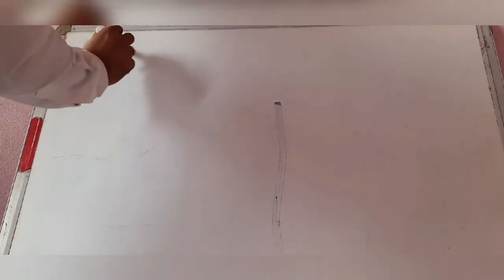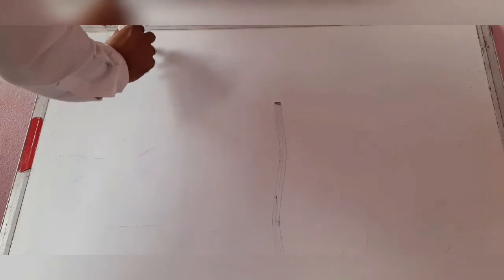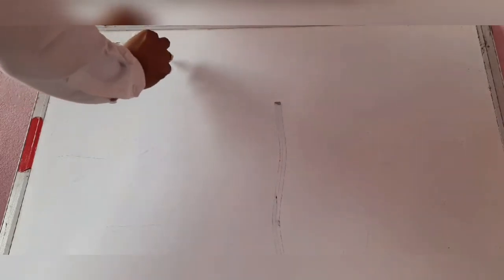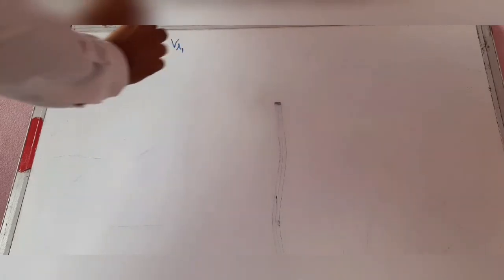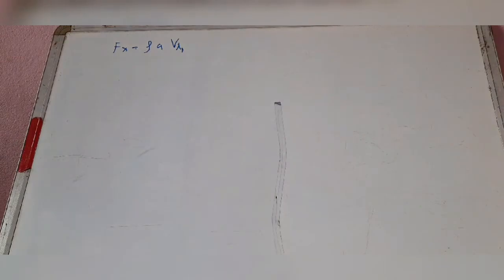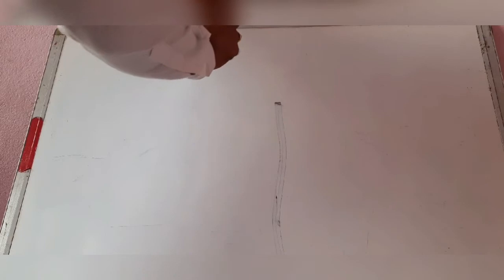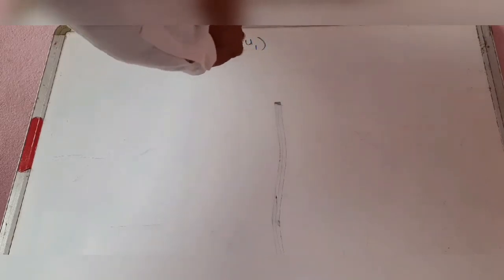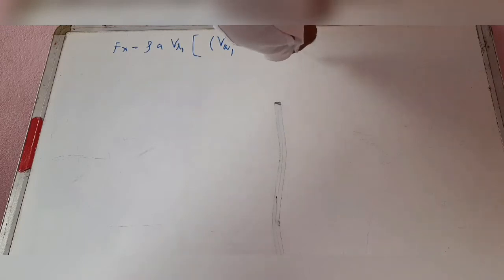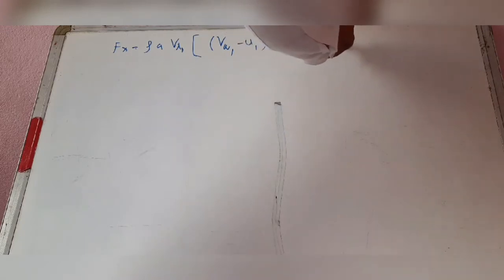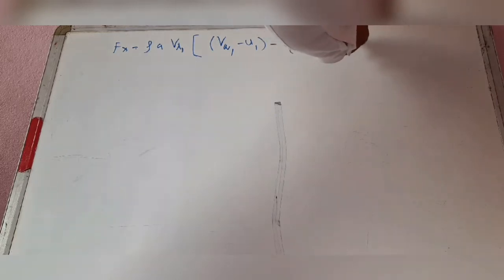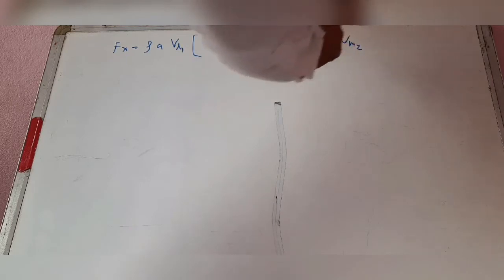Now substituting these in the equation, Fx equal to rho a vr1 multiply vw1 minus u1 minus u2 plus vw2.